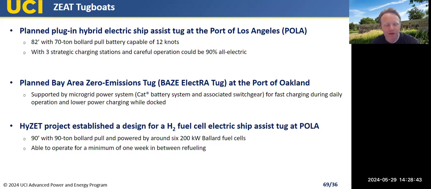There's also a planned tug that was just recently funded at the Port of Oakland, which will be supported by a microgrid power system. And then there was also the ZEAT project, which developed a hydrogen fuel cell electric ship assist tug. This was just a design. As far as I know, there hasn't been any actual steps towards construction. But it was an interesting design and an example of a hydrogen fuel cell technology.